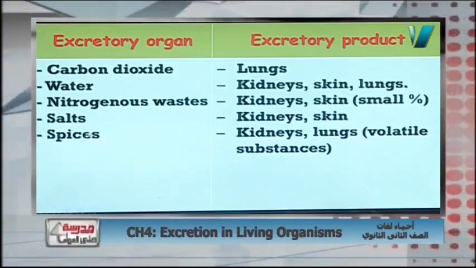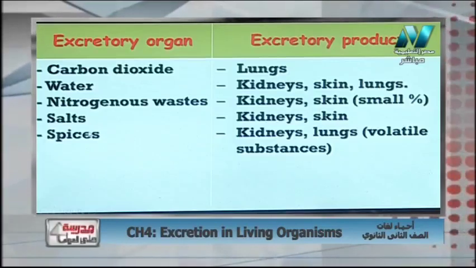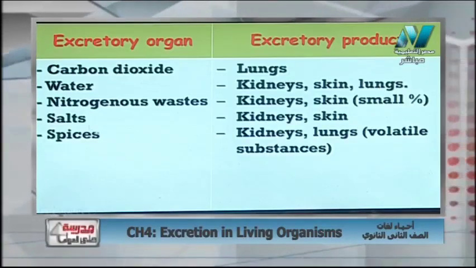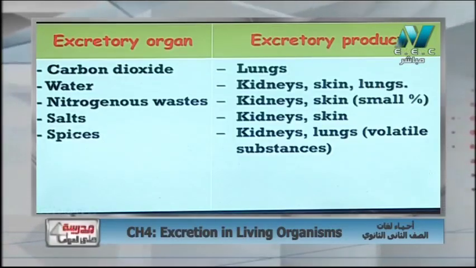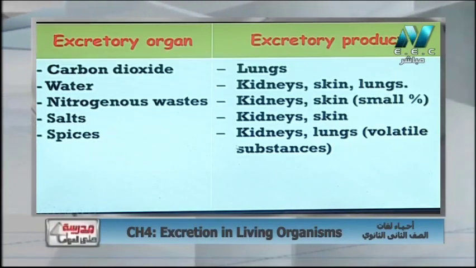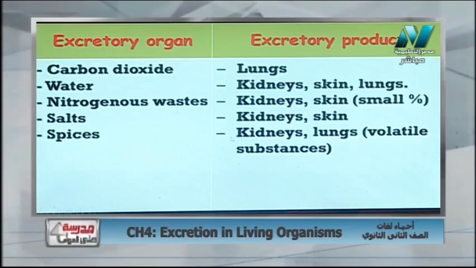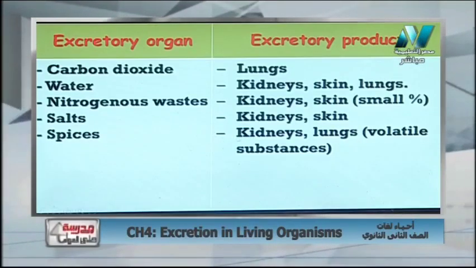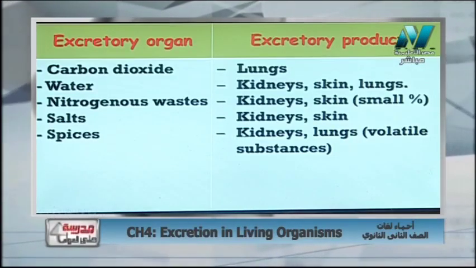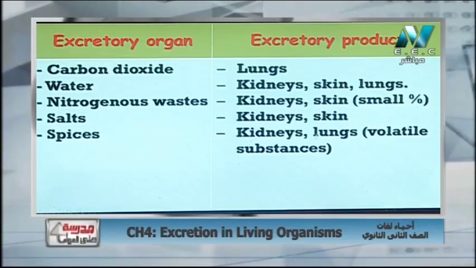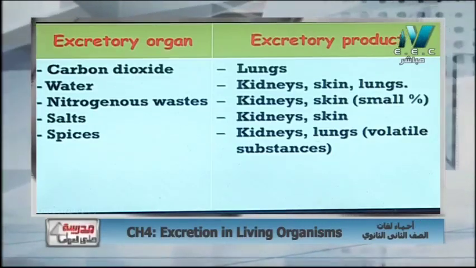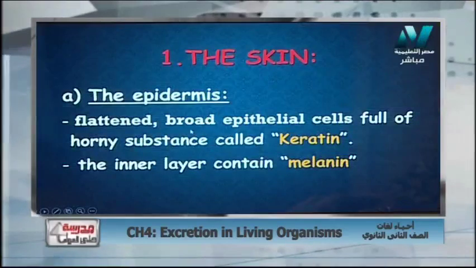Spices, and the spices could be present in the food or in the drinks that we have. So these spices must be expelled out of the body by the kidney and the lungs as volatile substances.